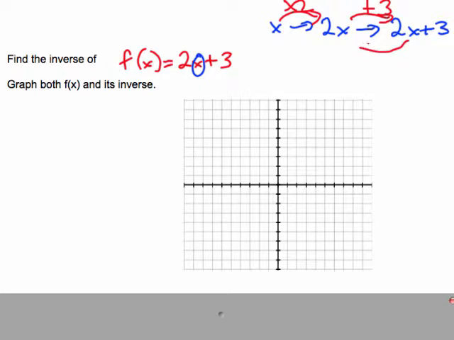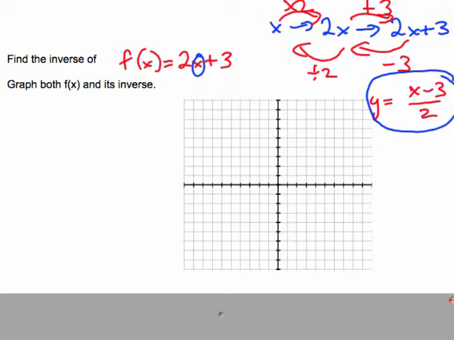To go in reverse, I would have to subtract 3 and then I would have to divide by 2. So my inverse should be, if I call my new starting point x, I would have to subtract 3 and then divide by 2. Now what I did here is I reasoned out that the equation of the inverse must be this, just by thinking about what the inverse operations actually were.